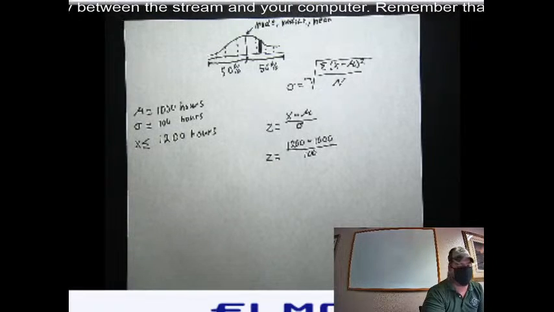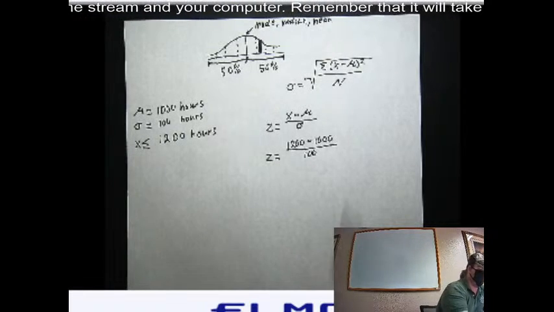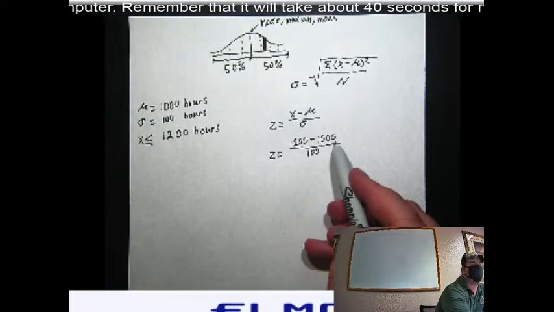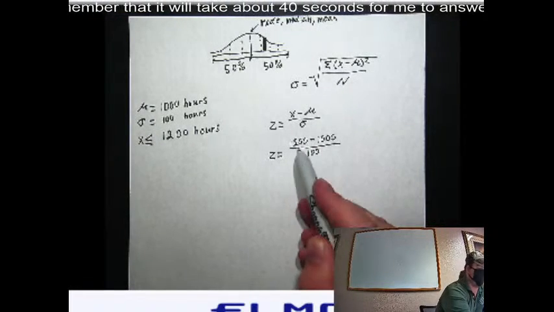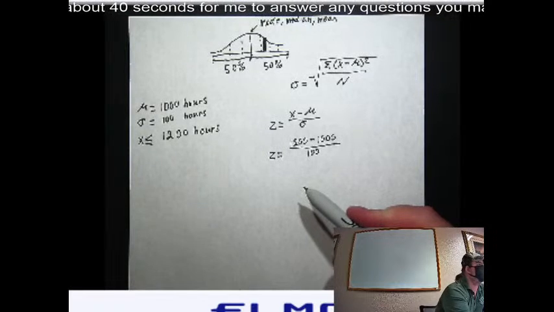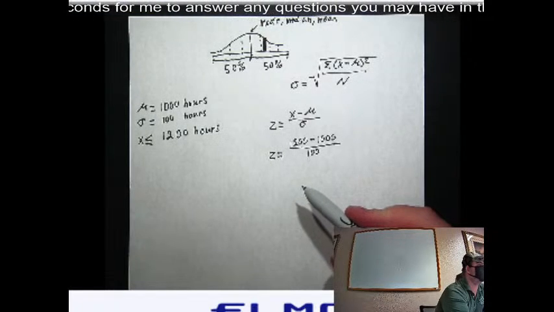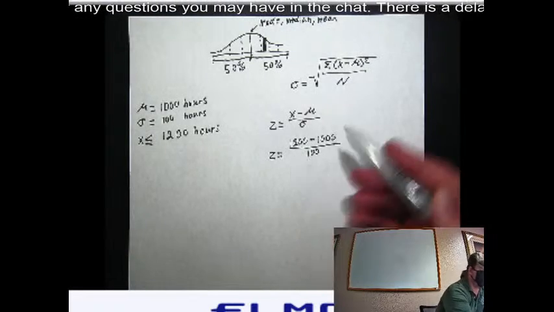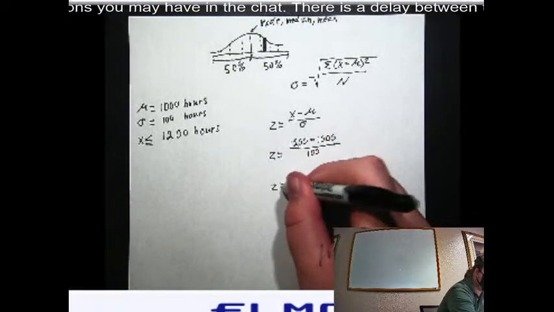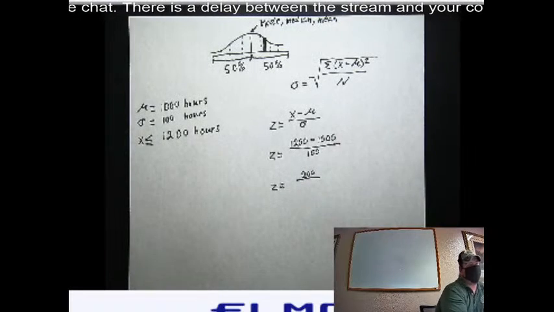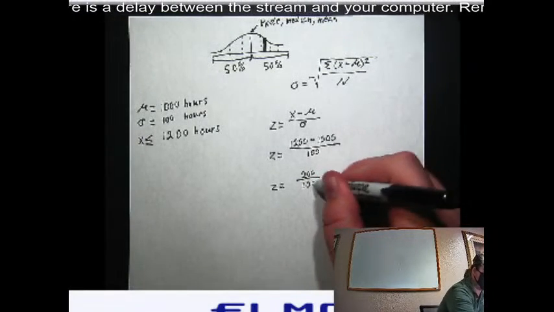All right, so let's go ahead and calculate. Of course, first we need to figure out what the top part is. So 1,200 minus 1,000, what's left over? 200. Okay, and it's still over 100.